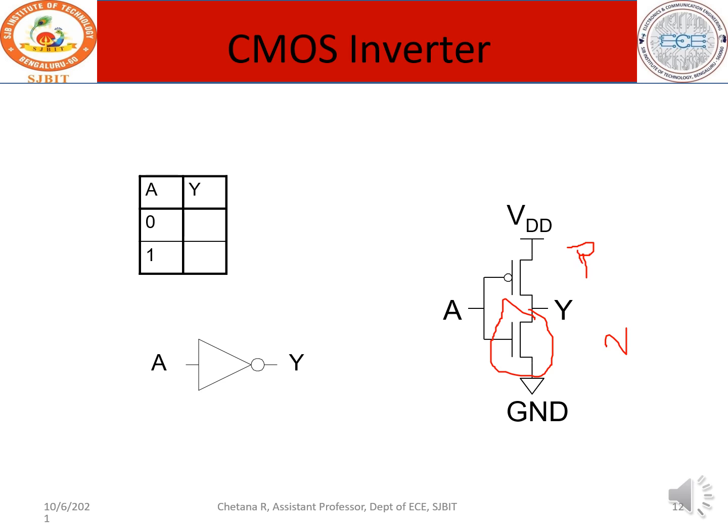So the combination of N and P together is called CMOS, and P is normally placed in the pull-up region. Whichever region is near to the VDD supply is called the pull-up region. Whichever region is near to ground is called the pull-down region. So always by default in CMOS you have the PMOS on the top, NMOS in the bottom.